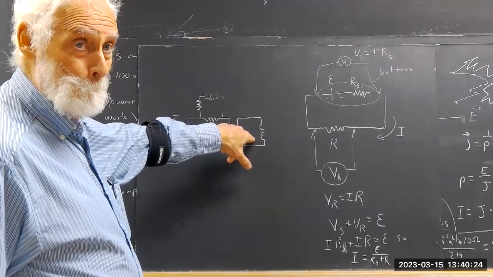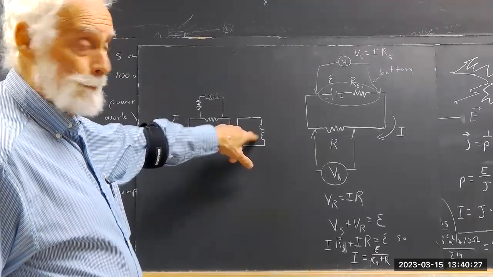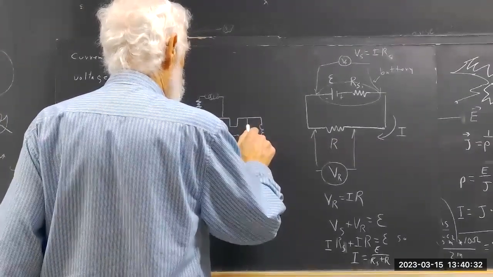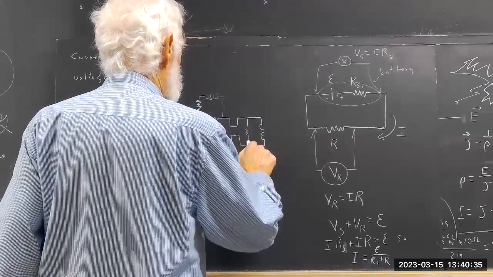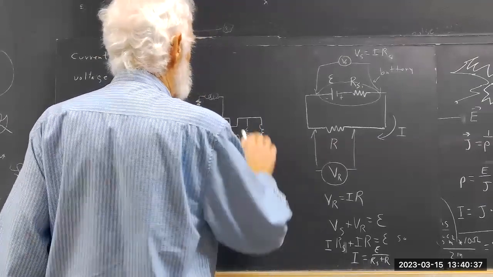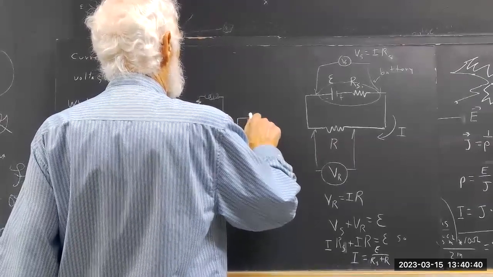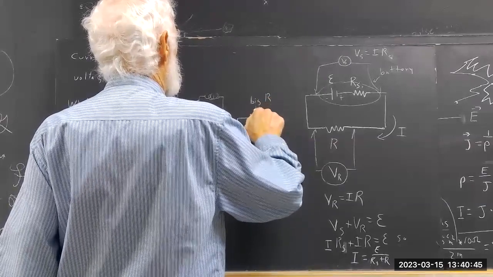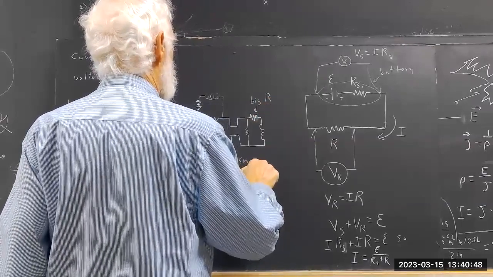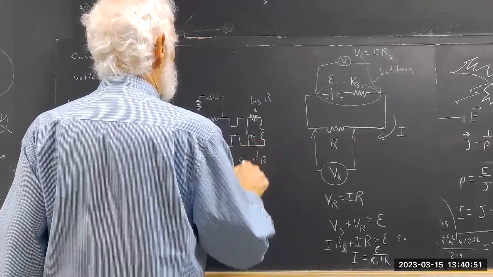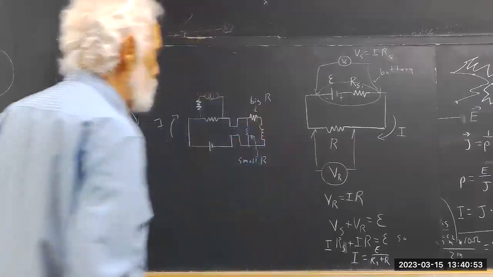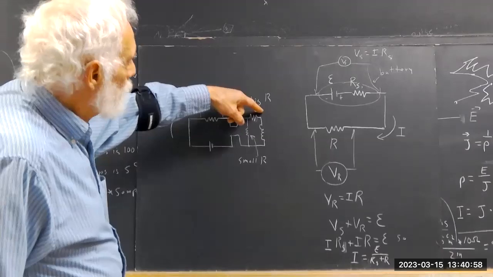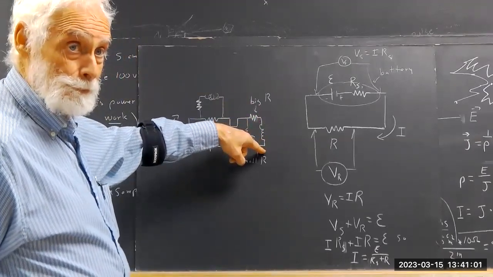It'll ruin the coil. So what we do is cut across here with a small resistance: a big resistance and a small resistance across this coil. The big resistance prevents a whole lot of current from running through the coil.